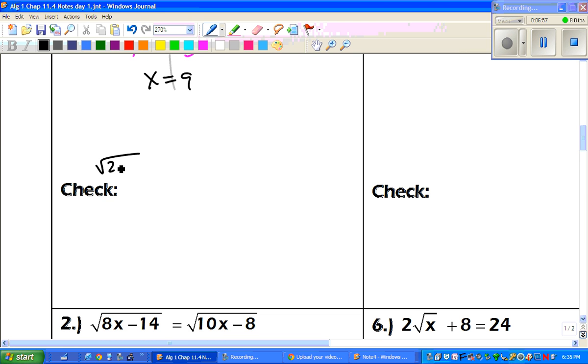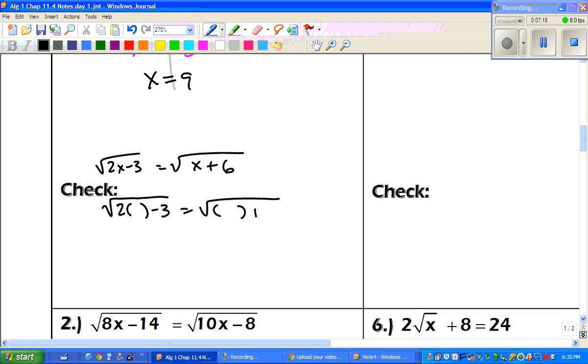And this is where we use the original equation, the square root of 2x minus 3 and the square root of x plus 6. Wherever there's an x, I'm going to put parentheses, and we're checking to see if 9 works.